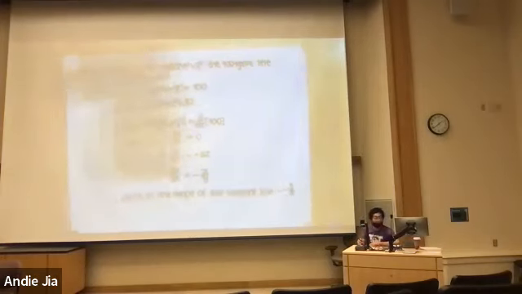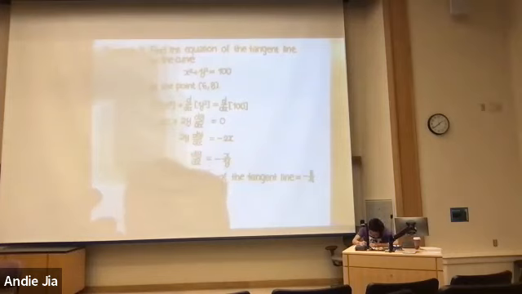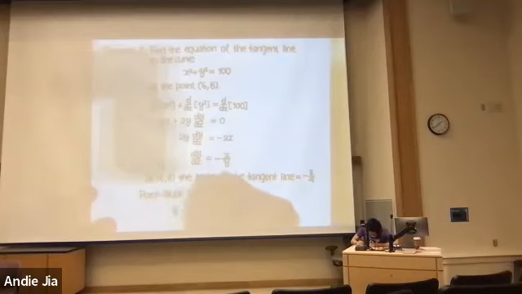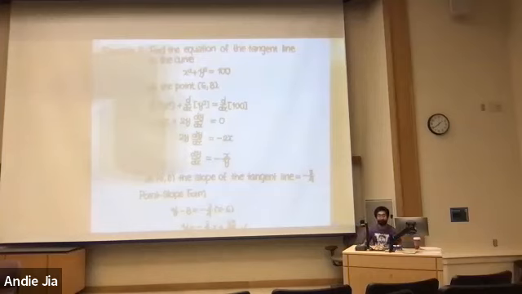In point slope form, we have y minus 8 equals negative 3 over 4 times x minus 6. That simplifies to the equation of the tangent line at 6, 8.